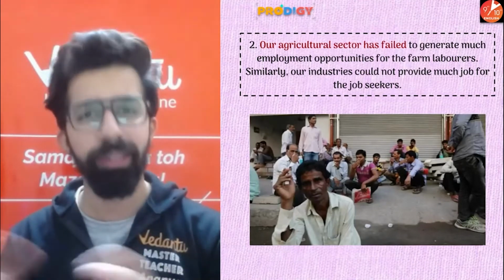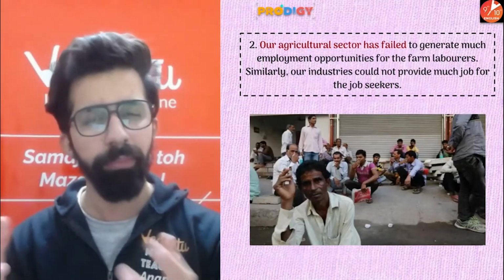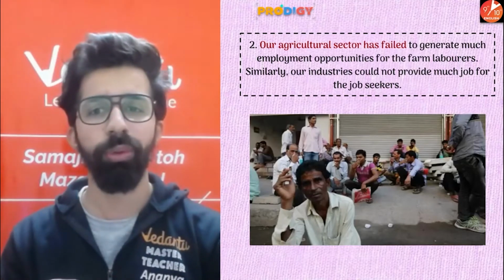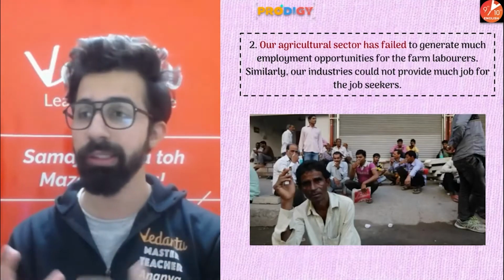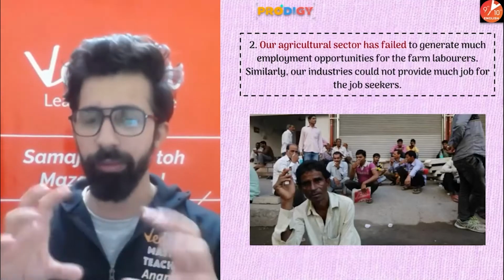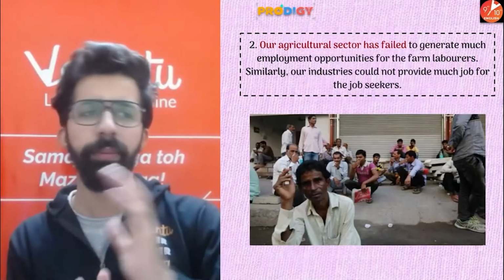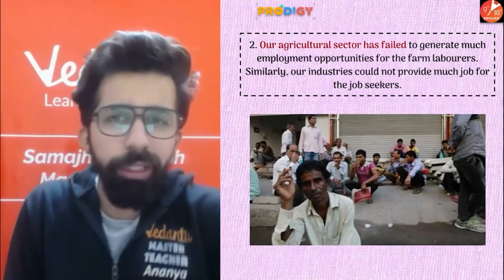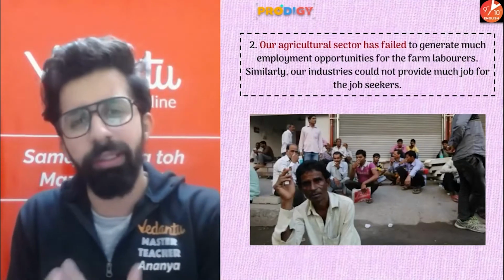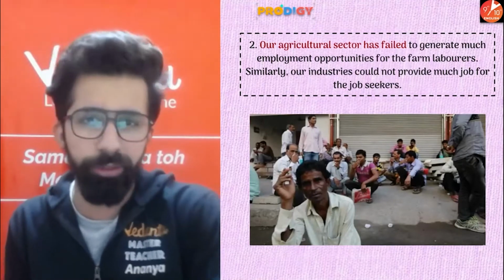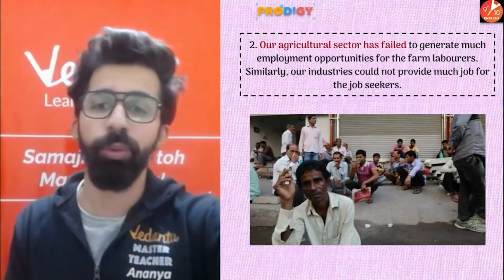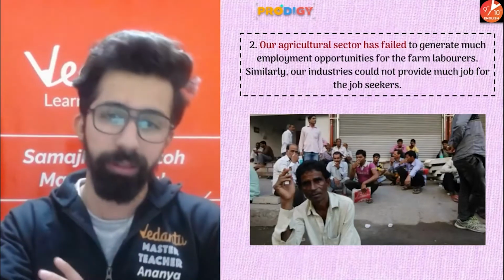There are a few months in a year when farm laborers do not have any work. So it is very important for them to find alternate work. During the period when they have no farming work, they try to find some work in industries, but our industries could not provide many jobs for the job seekers.